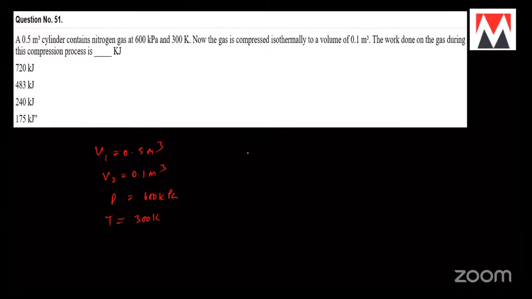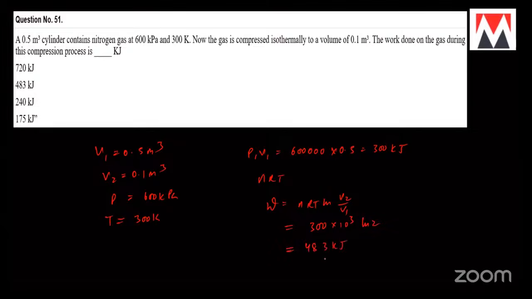So what do we want here? P1 V1 is 600,000 into 0.5, which is 300 kilojoule. Work done by the gas is nRT ln V2 by V1. So nRT ln is 300 into ln 5, which is 483 kilojoule.